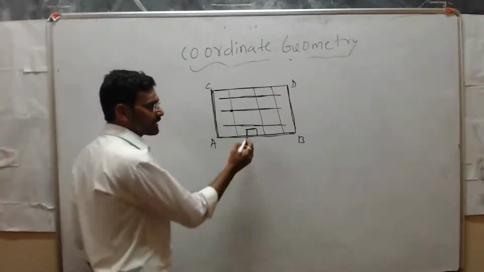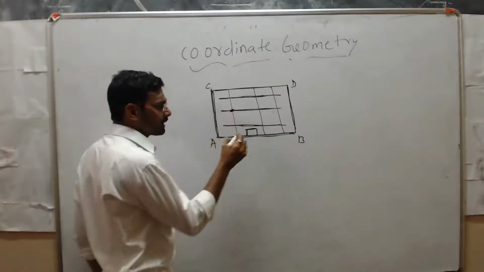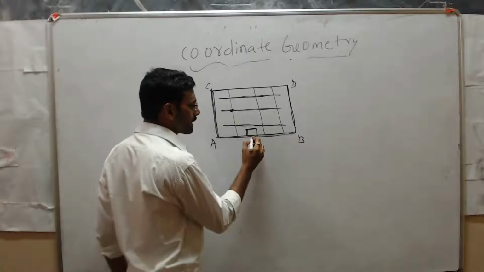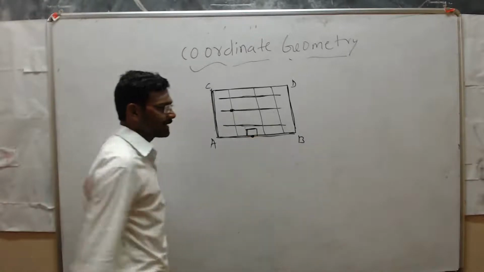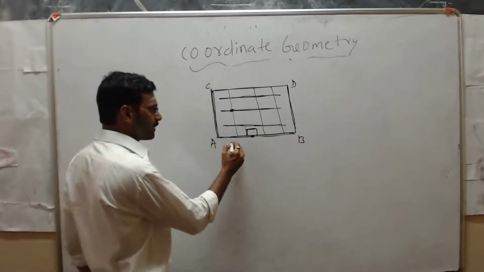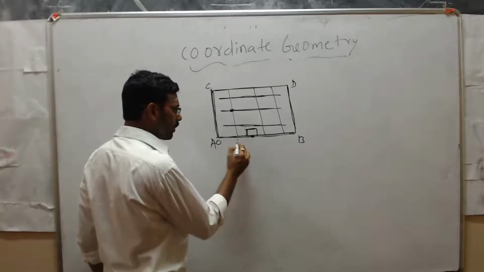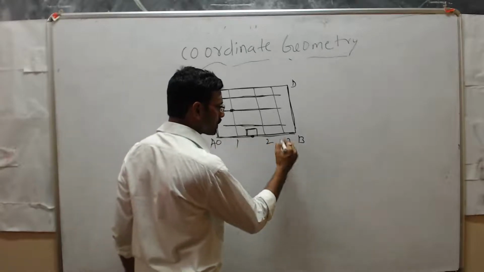Here is the teacher. You have to assume this is the teacher position. Then it is 0, 1, 2, 3.